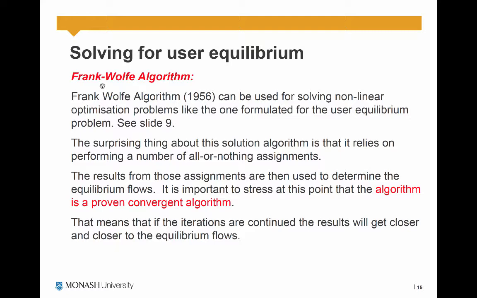The results from the set of all-or-nothing assignments are then used to determine the equilibrium flows. It is important to note that this algorithm is a proven convergent algorithm. In other words, its convergence has been proven mathematically. That means if the iterations are continued, the results will for sure get closer and closer to the equilibrium flows.